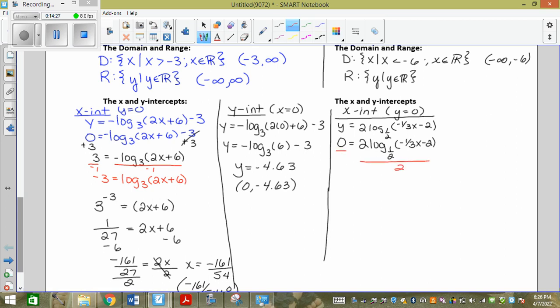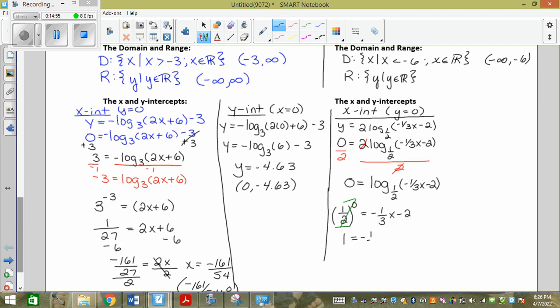So I'm going to divide by 2. When I divide 0 by 2, I get 0 equals log base 1/2 of negative 1/3 x minus 2. Now I have a log by itself, so I can convert to exponential. 1/2 to the 0. So the base of my log becomes the base of my exponent. What's with it doesn't stay with it, so it's going to be the power of 0. And it equals negative 1/3 x minus 2. Now anything to the power of 0 is actually 1, not 0.